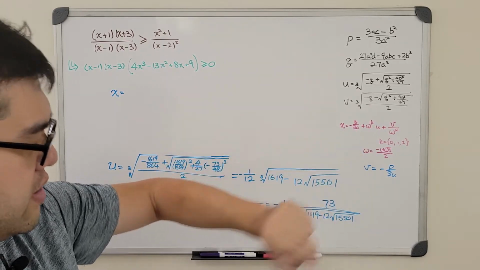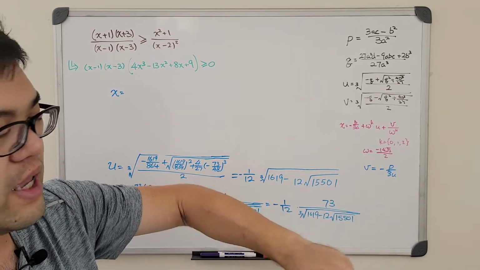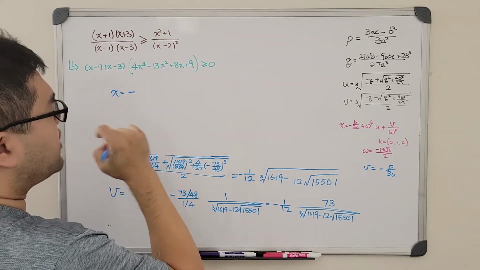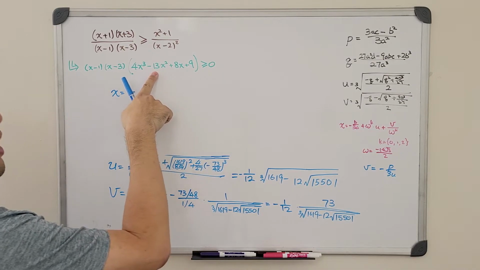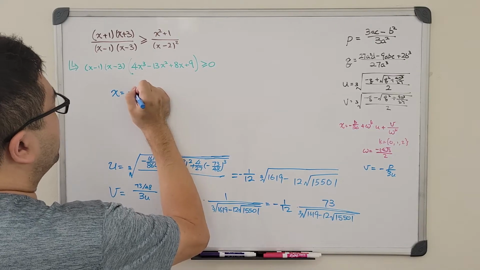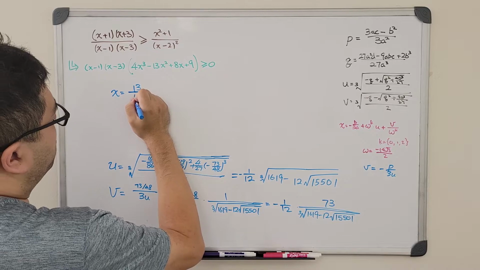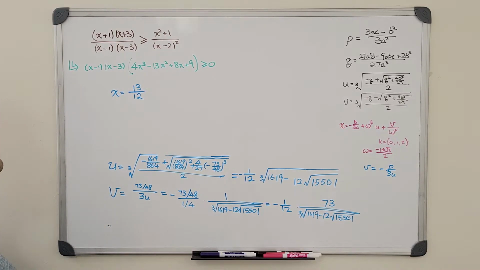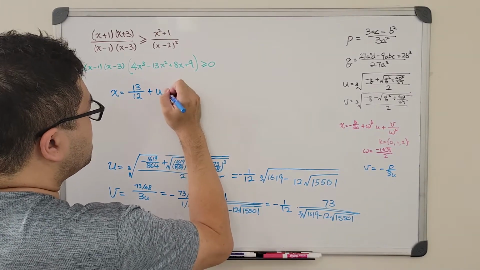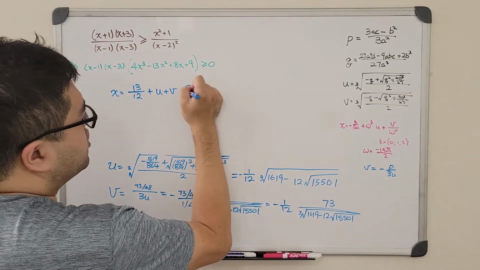Then the problem is if we actually get two more solutions when k is equal to 1 and k is equal to 2. So anyway, now we get negative b, again negative 13 over 3a. So we have 13 over 3 times a, which is 3 times 4. That gives us 12 here, which is the first term, plus u, plus v. And we know that this is actually a real number.